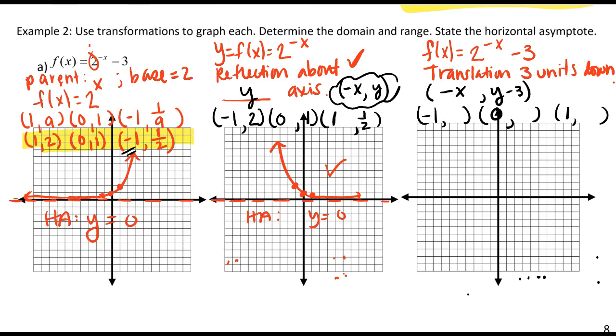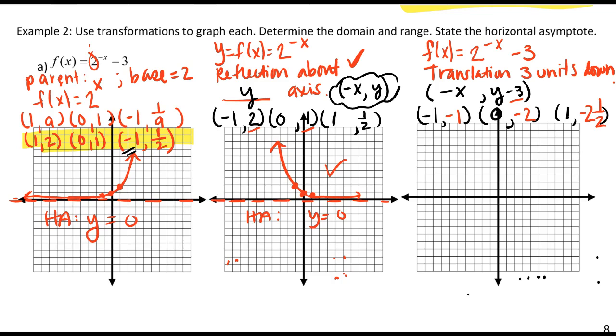Now the y values are what's going to change. 2 minus 3 is now negative 1. 1 minus 3 is negative 2. 1/2 minus 3 is now negative 2 and a half. So those are the new y values.